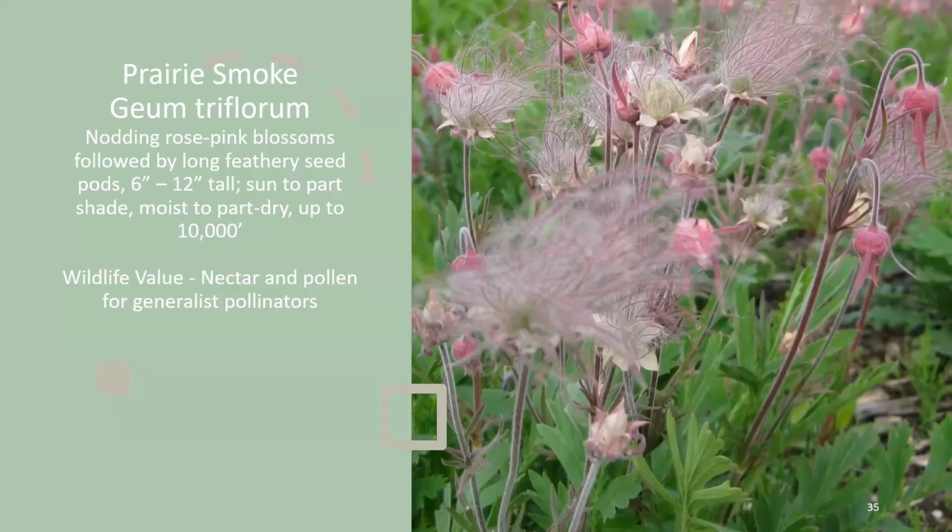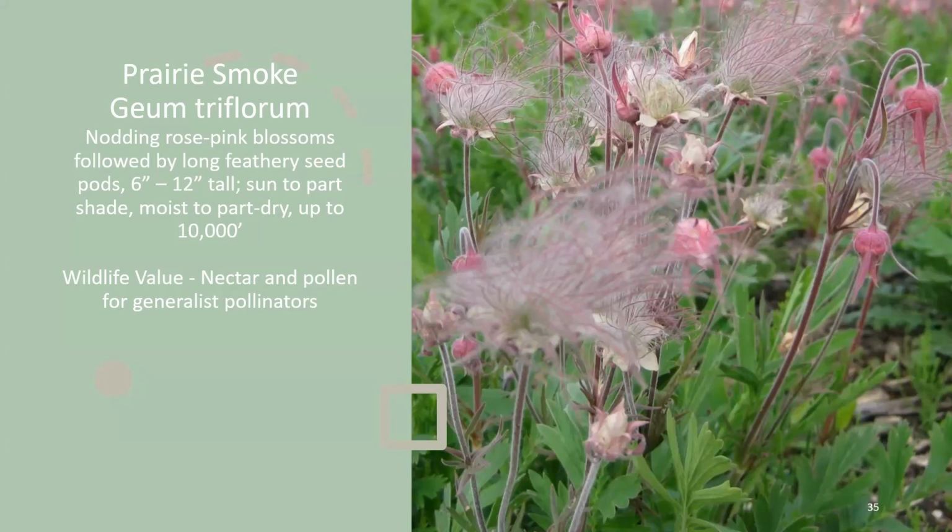Prairie smoke, or Geum triflorum, has nodding rose pink blossoms followed by long feathery seed pods, 6 to 12 inches tall, grows in sun and part shade, moist to part dry, up to 10,000 feet in elevation. I've also seen large expanses of these in wet meadows. I photographed a bunch of them at the Steamboat Lake State Park.